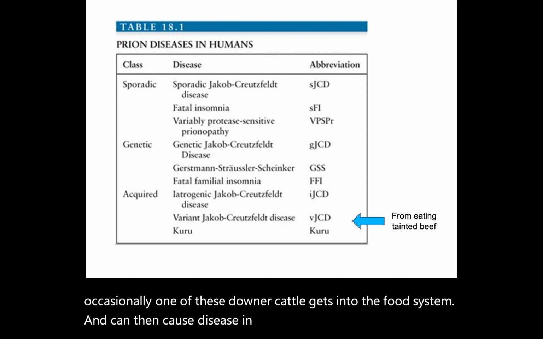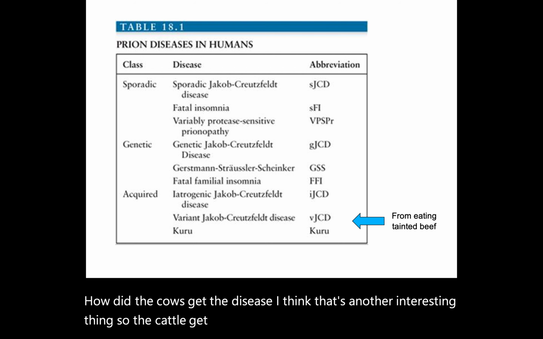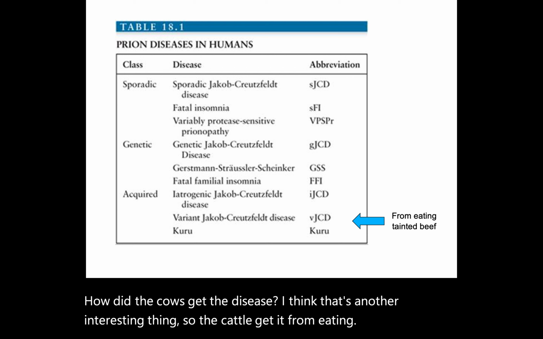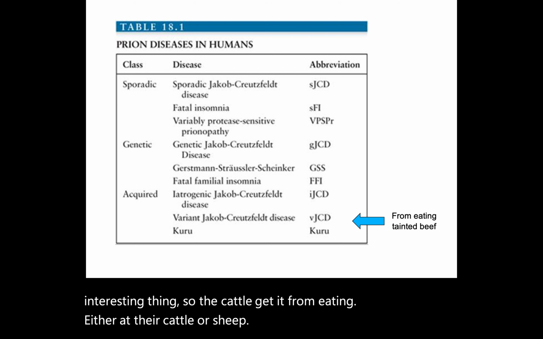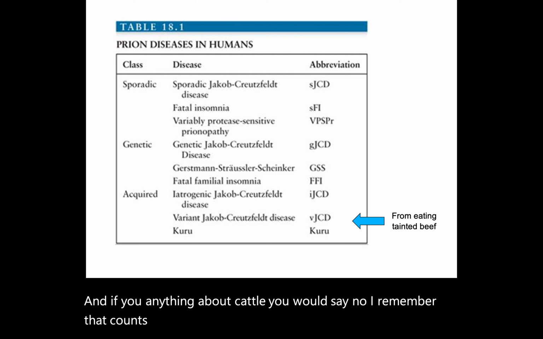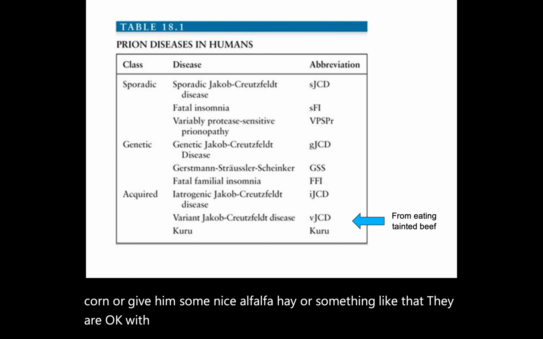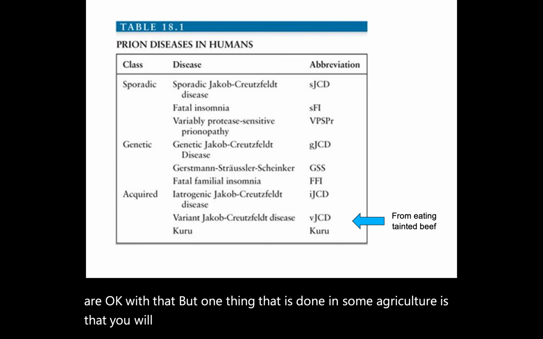Now, how did the cows get the disease? I think that's another interesting thing. So the cattle get it from eating either other cattle or sheep. And if you know anything about cattle, you would say, no, I remember that cows mostly eat grass, right? Or corn. They're happy enough with corn, or give them some nice alfalfa hay or something like that. They're okay with that. But one thing that is done in some agriculture is that you will give sort of boosters to cattle.